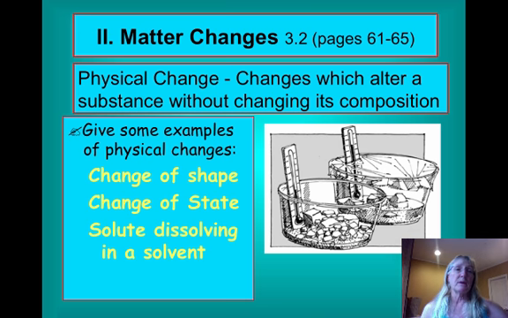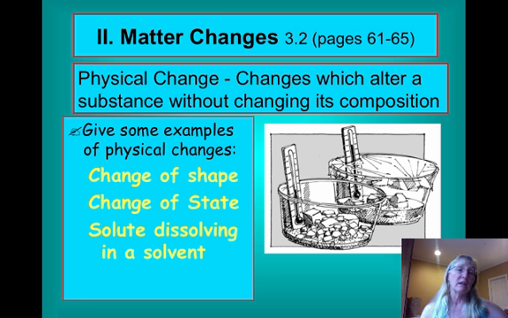You can even have, for example, a physical change, which means that the substance is not altering its composition, if you dissolve a solid solute, salt, into a liquid solvent, water. And I know that that's a physical change because if I wanted to see if the change could be reversed, I could easily drive off the water through evaporation, and if I wanted to, collect that steam through a condensing tube and prove that it is indeed water as it cools off and condenses.